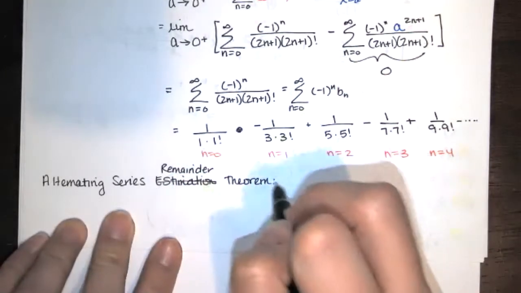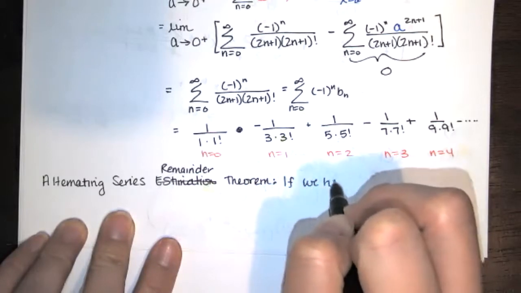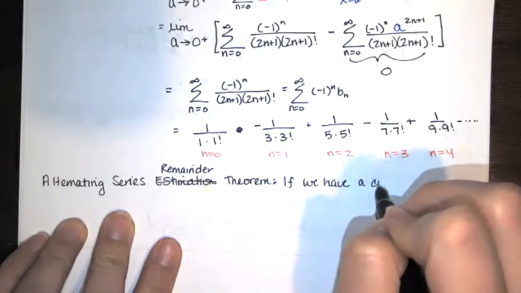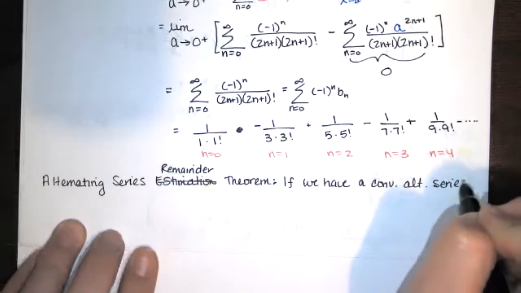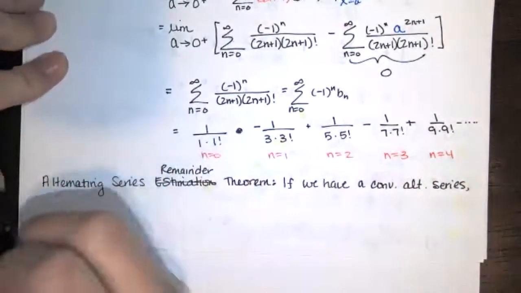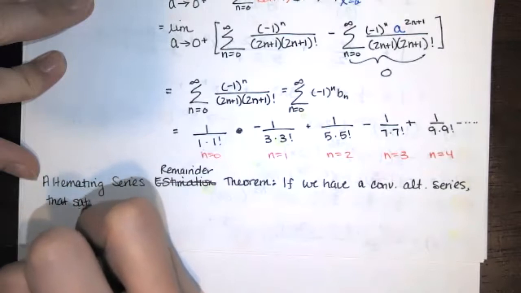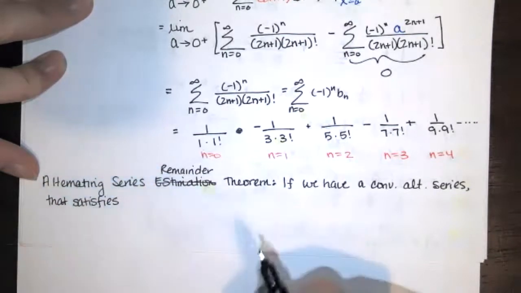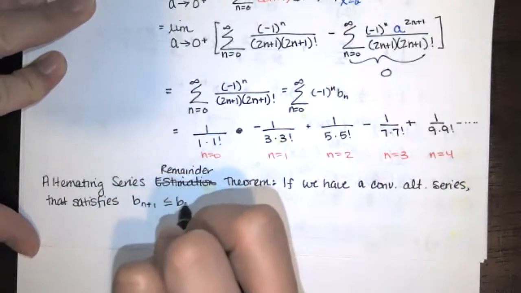So it says, if we have a convergent, let me write it down, alternating series that satisfies this condition. So b sub n plus 1 is less than or equal to b sub n.